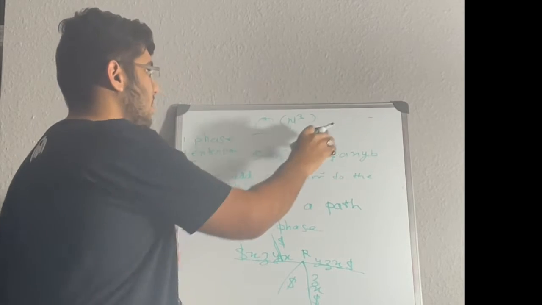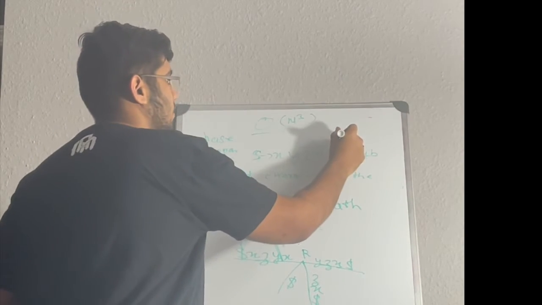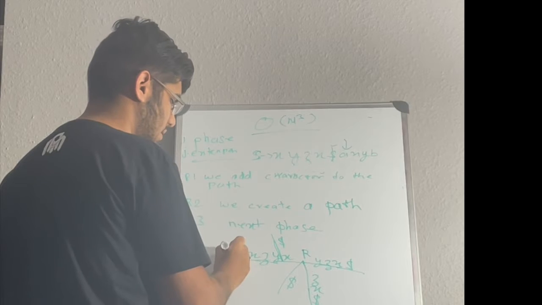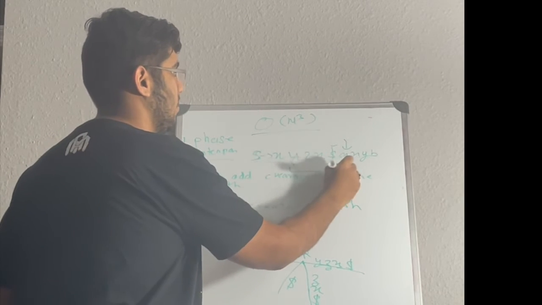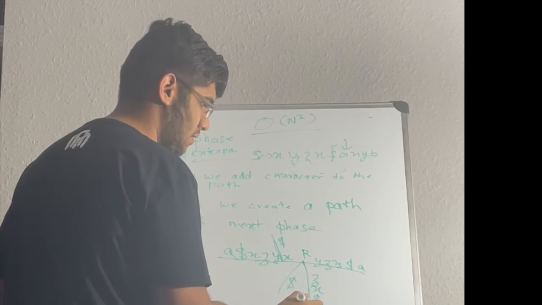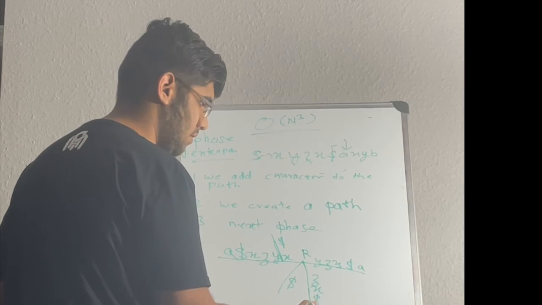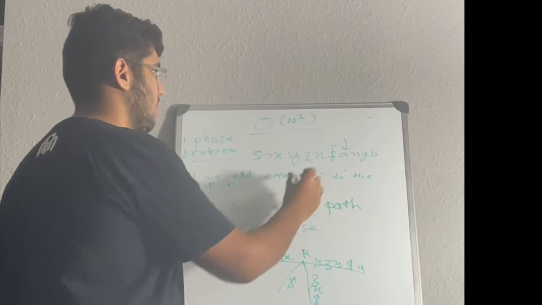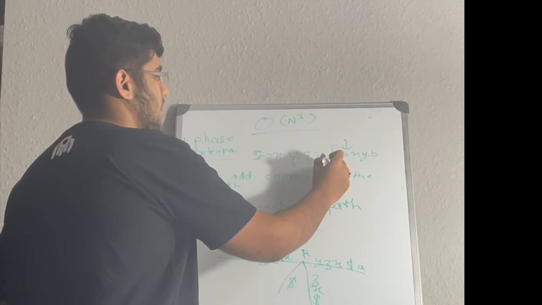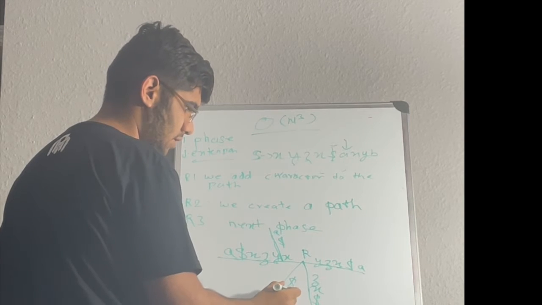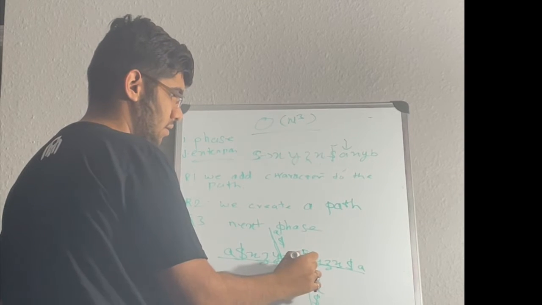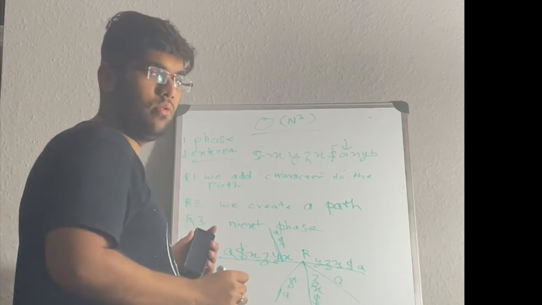I hope you must have understood by now what is happening. In the next phase, starting here, then this, then this, then this, then this, then again by rule 2 extension.